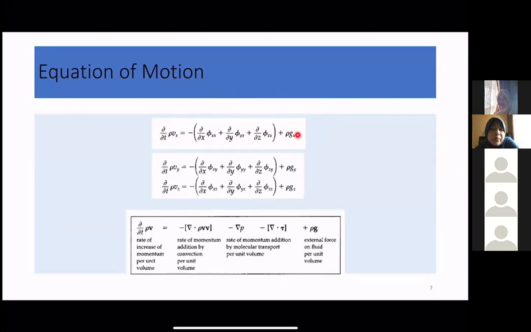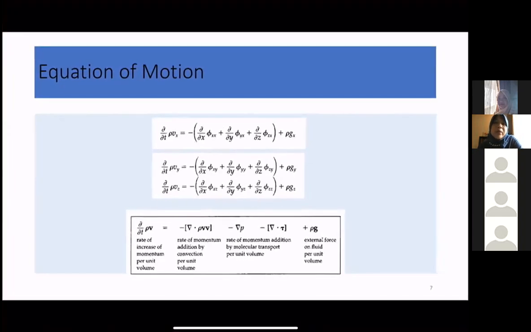If the motion is with respect to y, we can get this one. Or with respect to z, we can also get this equation. So just think about it, that there are three possibilities of momentum, to the x-axis, to the y-axis, and also to the z-axis. So there are actually three equations of motion.